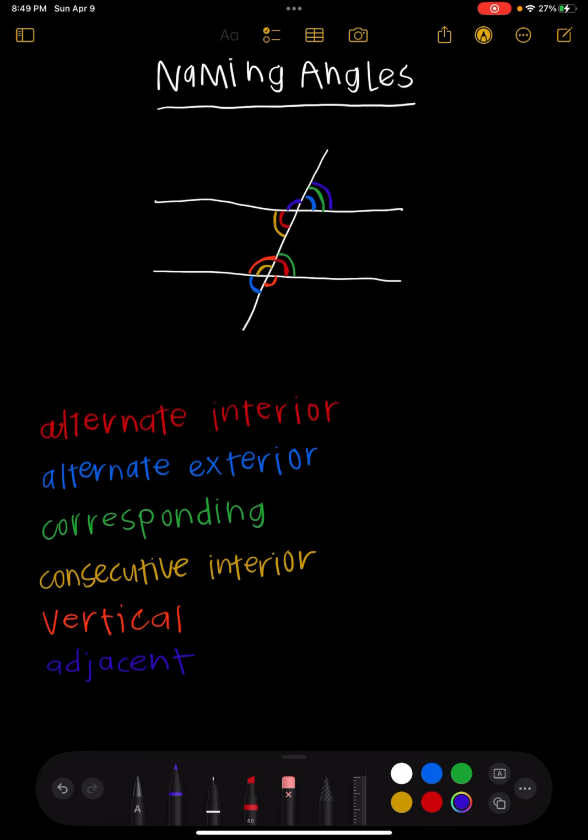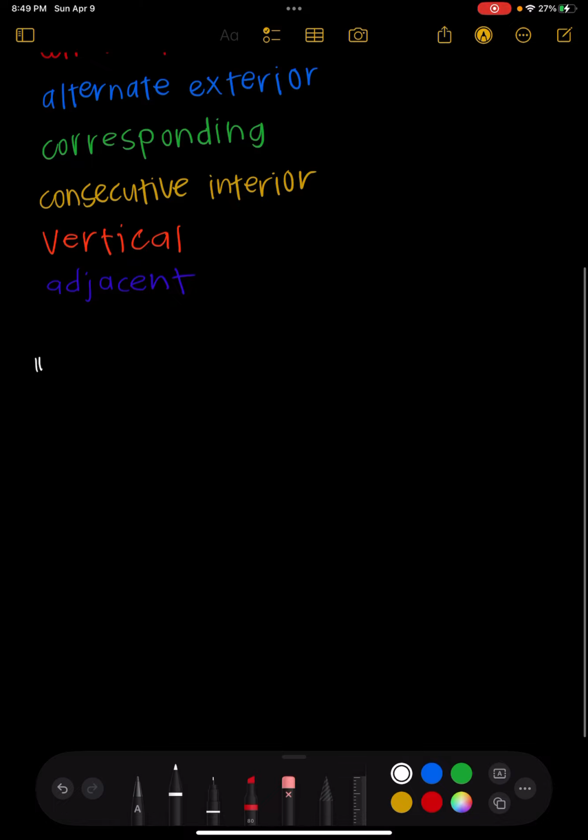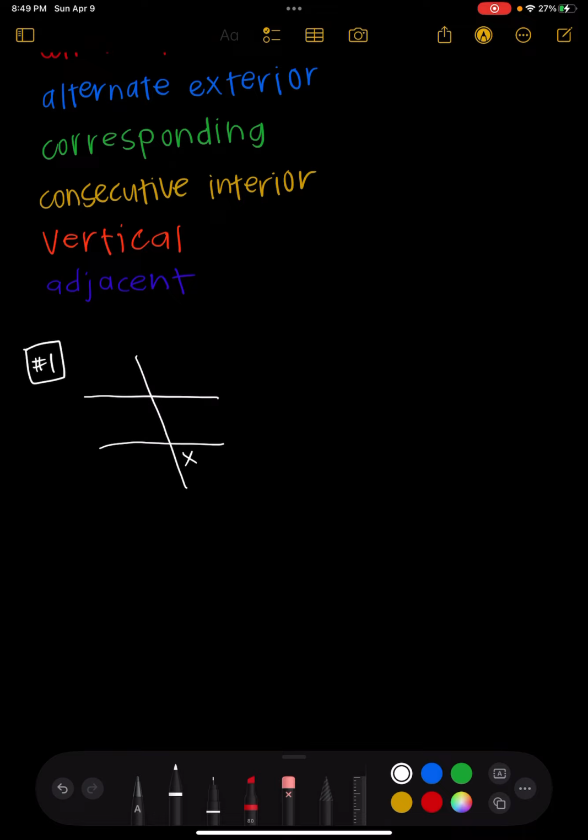And now for the examples, we're just going to name the different types. So for the first example, we have parallel lines and a transversal like this, and we have X down here and Y up here. Our goal is to find out, okay, X and Y, what do they look like?